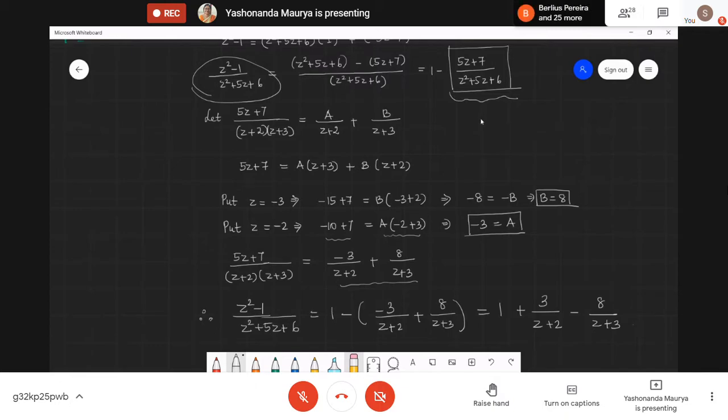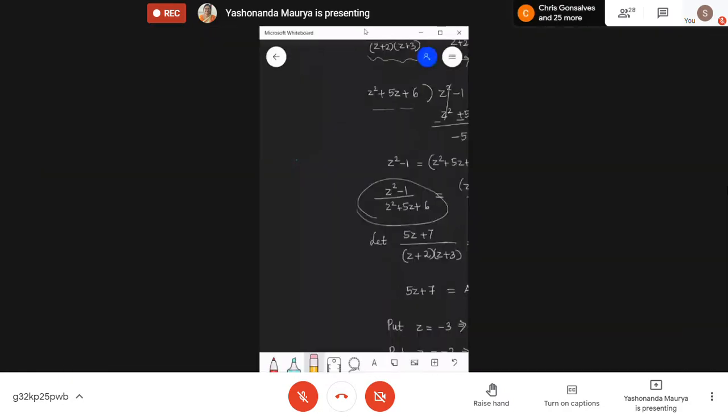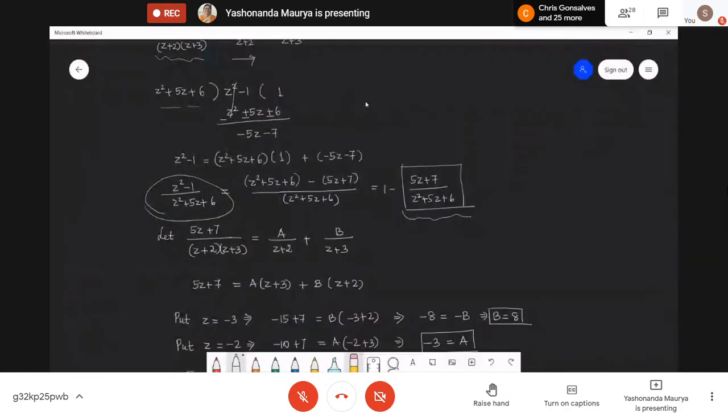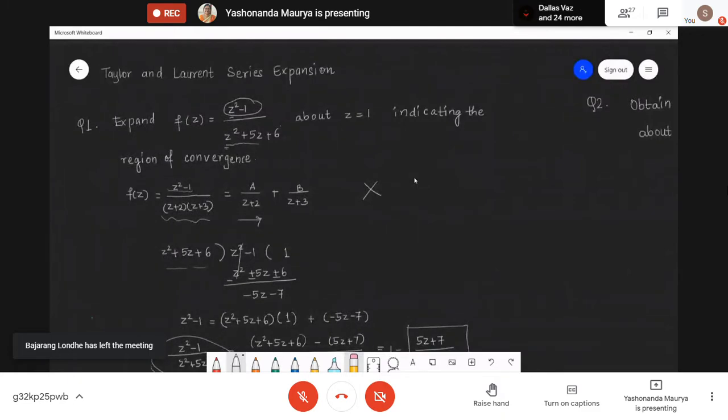Okay, now after doing all this, what were we supposed to do? The question is we have to expand the function about the point z equal to 1. So when we say about the point z equal to 1, it means we have to have a series which will have the terms with different powers of z minus 1.